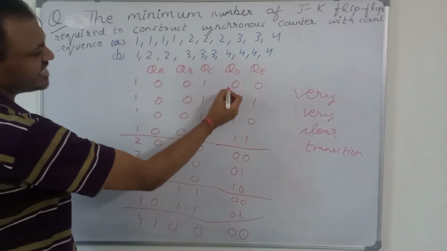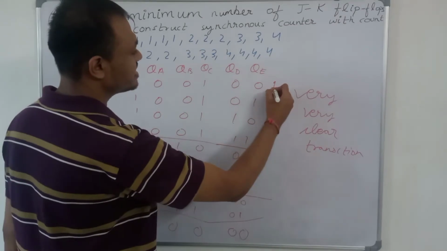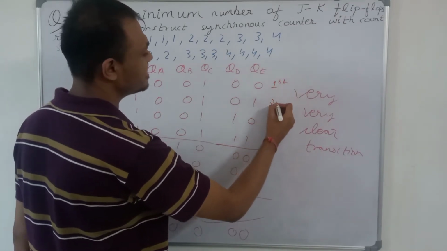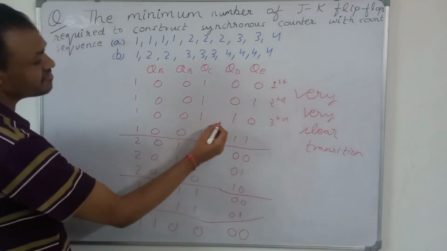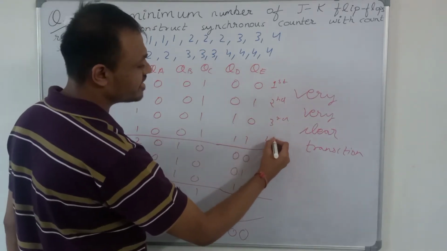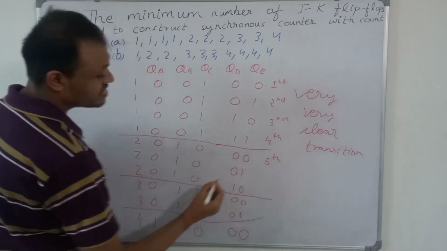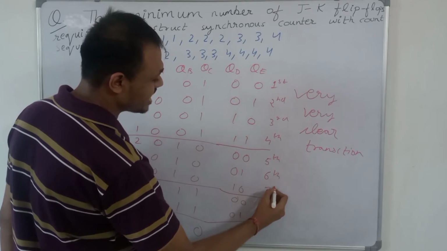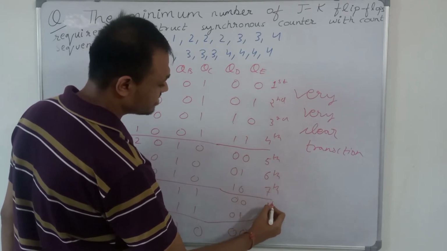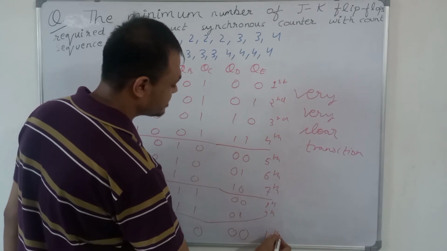The first state is 0 0 1 0 0, then this is the second state, then this is the third state, 0 0 1 1 0, then 0 0 1 1 1 is the fourth state, then 0 1 0 0 0 is the fifth state, then this is the sixth state, then this is seventh, this is 8th, this is 9th, and finally this is the 10th state.